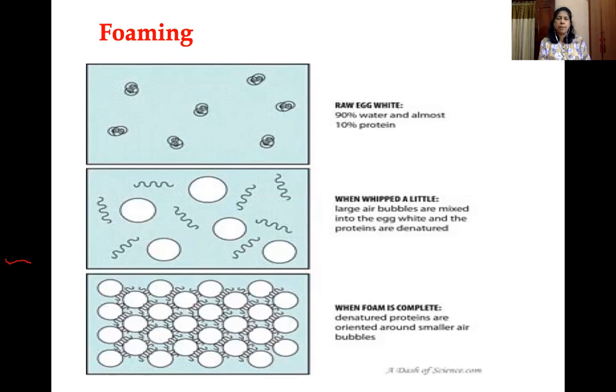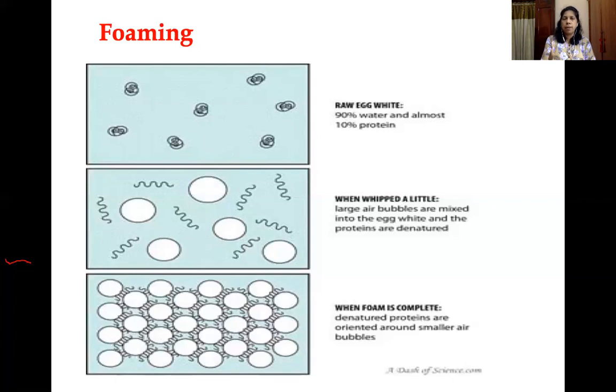In the next step, when the foam is complete, denatured proteins are oriented around the smaller air bubbles, and therefore you can see a stable foam because of the whipping, or the shearing force given to the egg white. Beating means we are giving shearing force to the egg white. Because of the beating, it ends up with nicely formed foams.